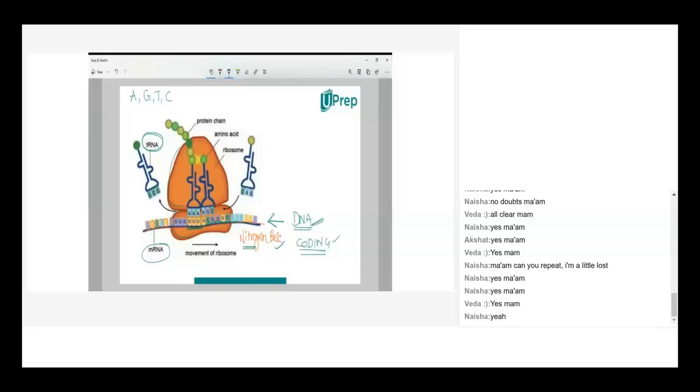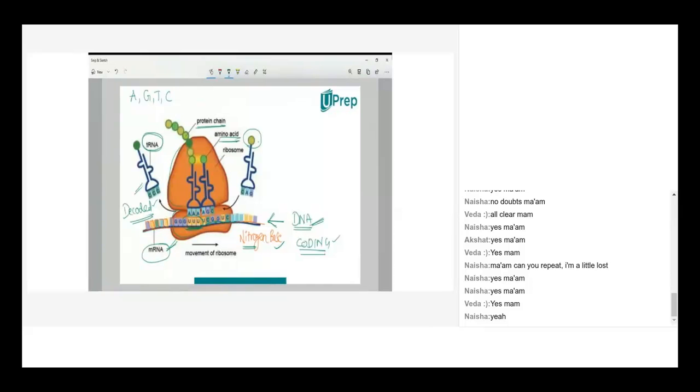This is the amino acid. It carries the amino acid towards the ribosome so that the nitrogen base code on the RNA gets decoded as amino acid and protein will be produced.